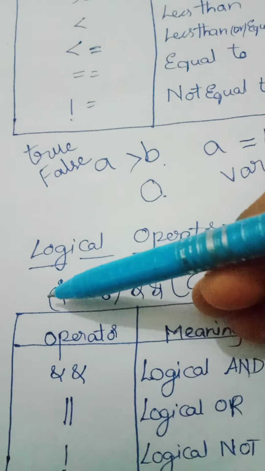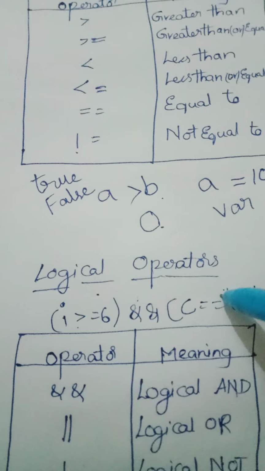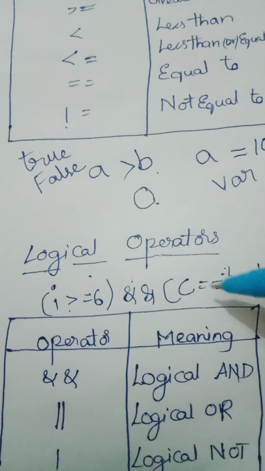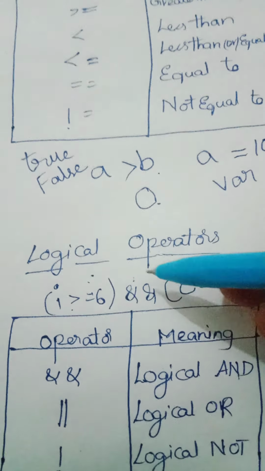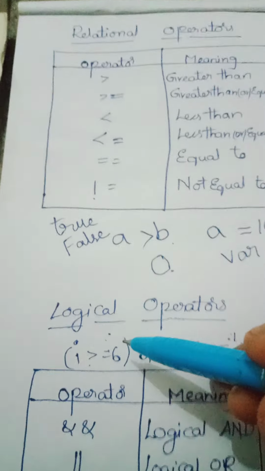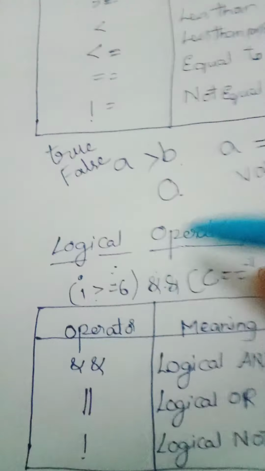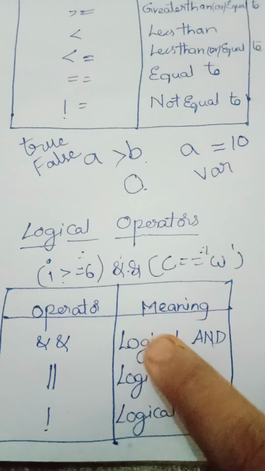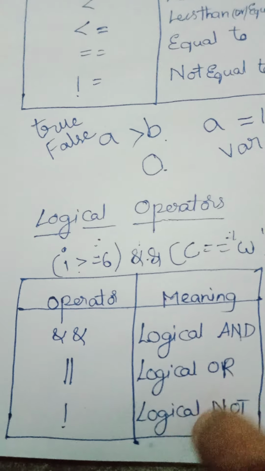Understood? These are two relational expressions, and we define the relationship between them by using a logical operator. Here there are 3 logical operators. What are they? Logical AND, logical OR, logical NOT.